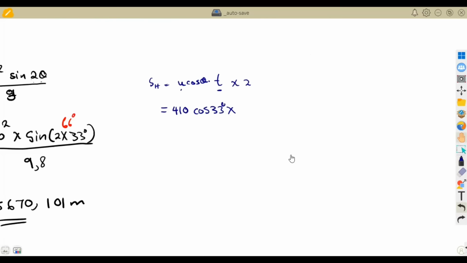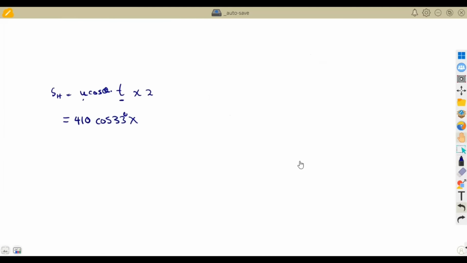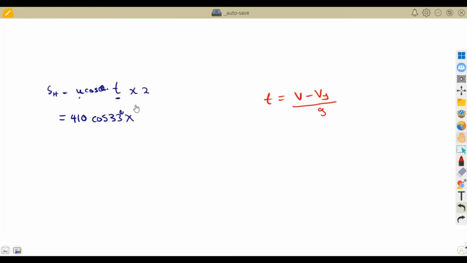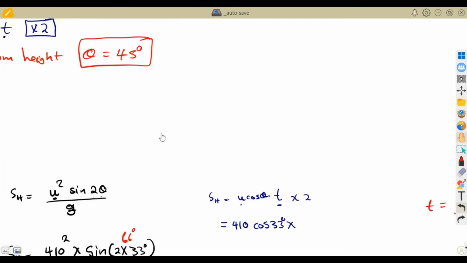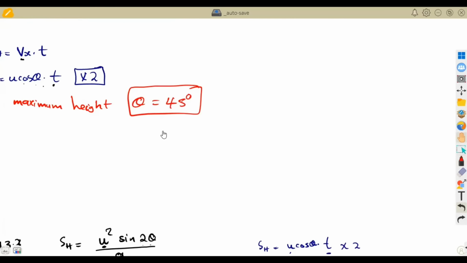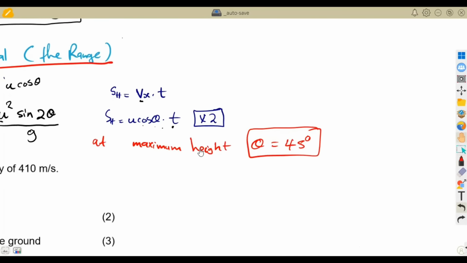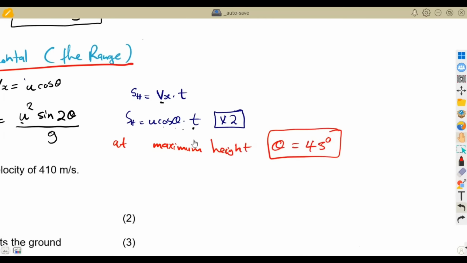I said at this SH, our time is given as V minus Vy over G, if you still remember from this formula here. Did I list this formula before?